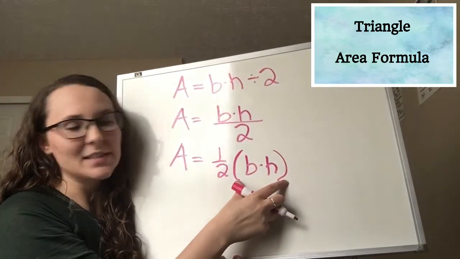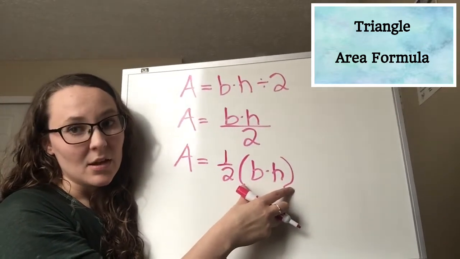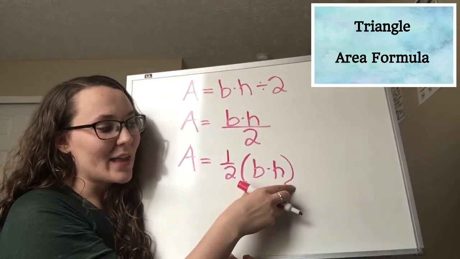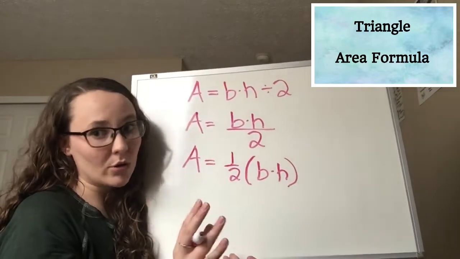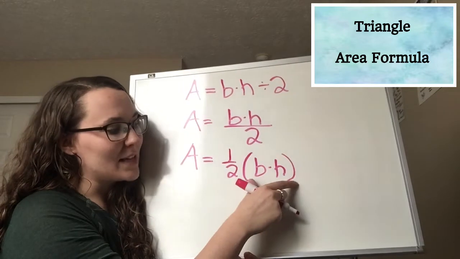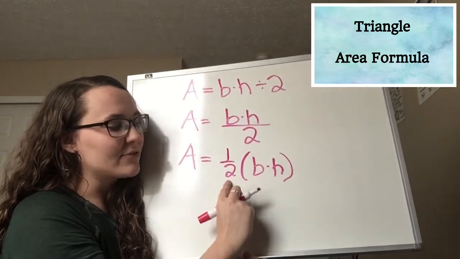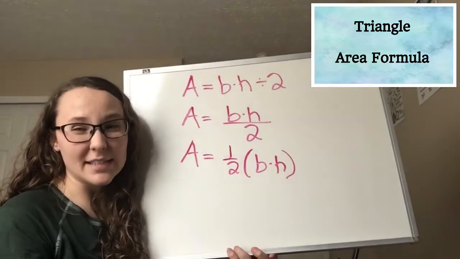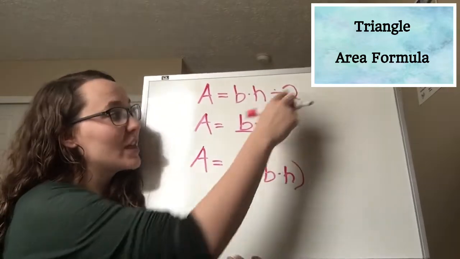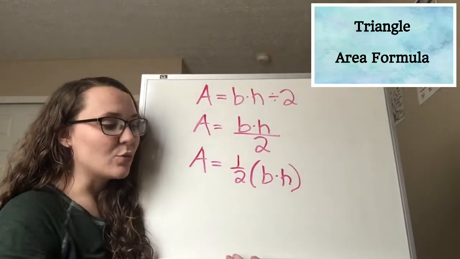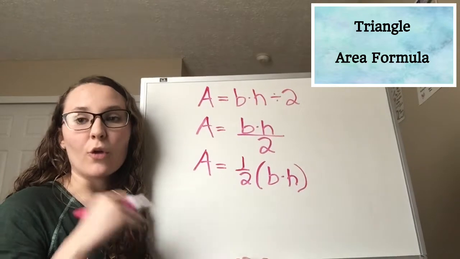But notice how base times height we put in parentheses. We put them in parentheses because you still want to do that first. We don't want to mess up our order of operations. So base times height still should be in parentheses, but 1/2 times base times height will get you the same answer. So these are 3 different ways to write the same formula for a triangle.